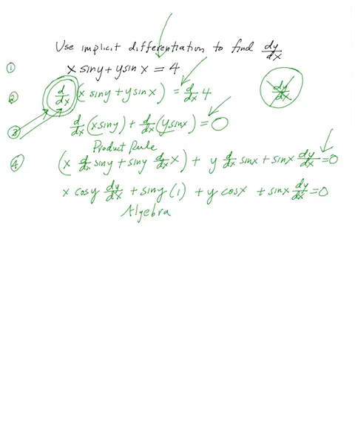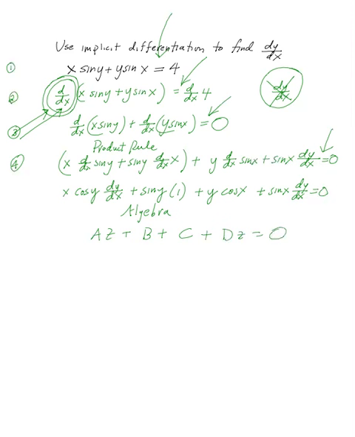This equation is of the form az plus b plus c plus dz equals 0. My z is my dy dx.